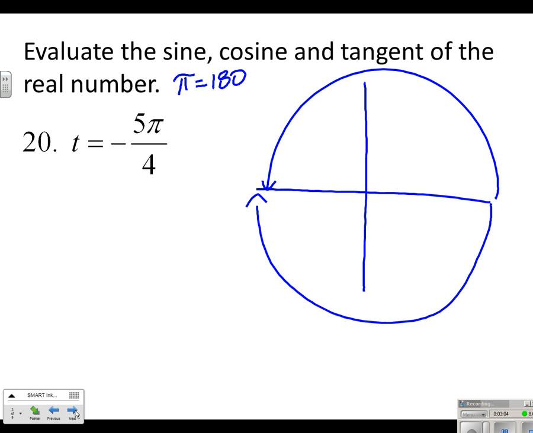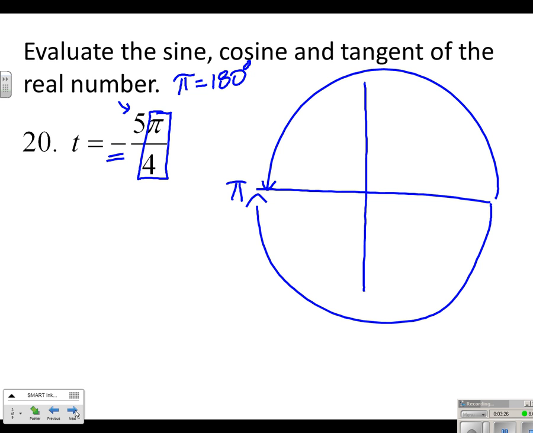For 5/4 pi, we could put 180 degrees in for pi and multiply by 5 and divide by 4. But what if we just think about this? It takes pi to get us to this point, and we looked at pi divided by 4. We want 5 steps backwards of 1/4 pi.